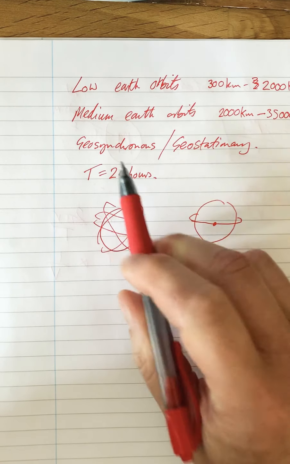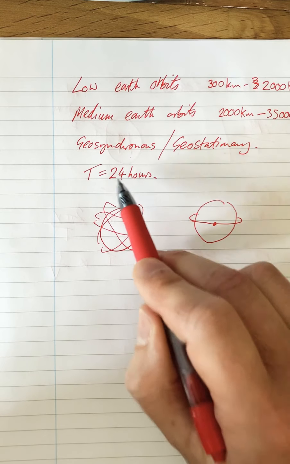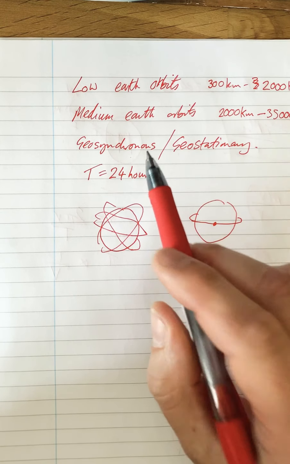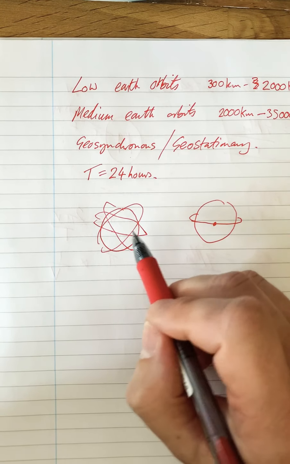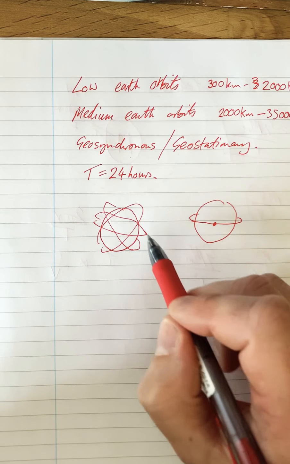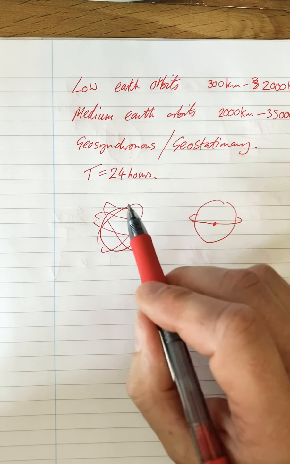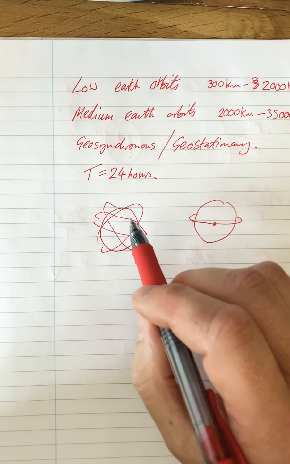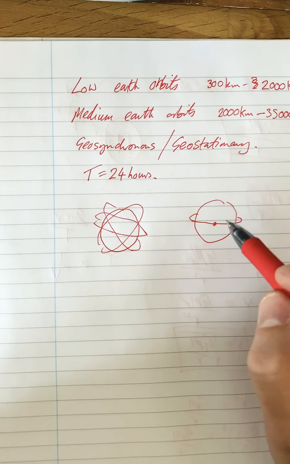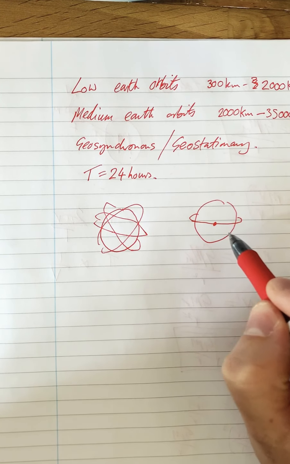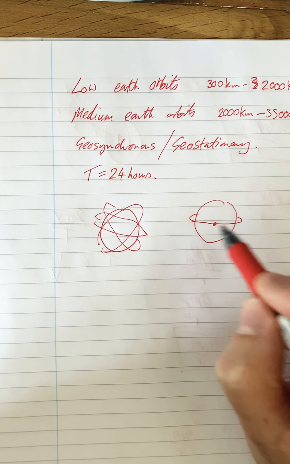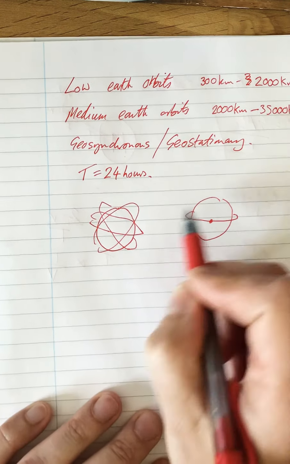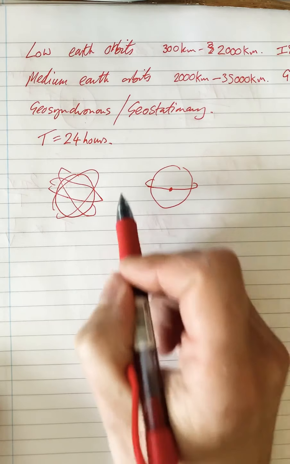So both have a 24-hour time period, but the geosynchronous, which is at an incline, will just be at a certain point above the Earth at the same point each day, whereas a geostationary will always be above that point. So it can just track that position, but it has to be orbiting around the equator.